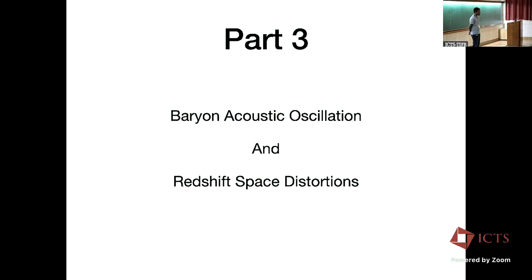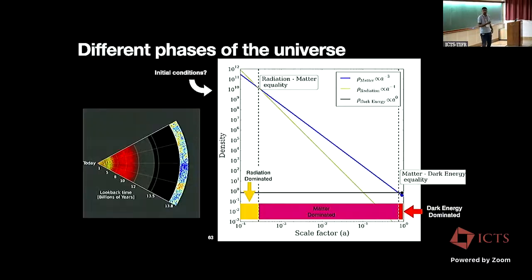I'll try to tell you a little bit about how the physics of this works, what kind of things we look at when we want to do analysis of these things, and what kind of ideas or surveys might give you optimum results if you're looking at something like Baryon Acoustic Oscillation or Redshift Space Distortion.